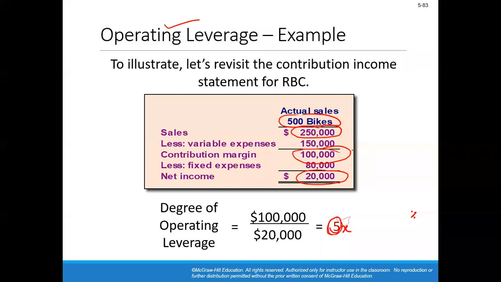I mean, for covering the fixed expenses, what should be our break-even sales in terms of units? Break-even sales in terms of units. Obviously, you know the answer. 900 units, break-even sales.